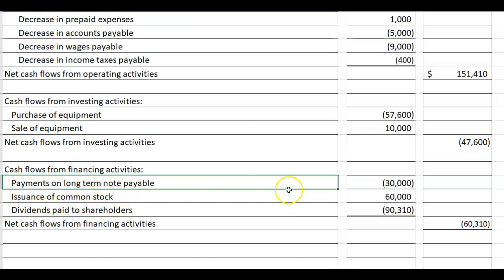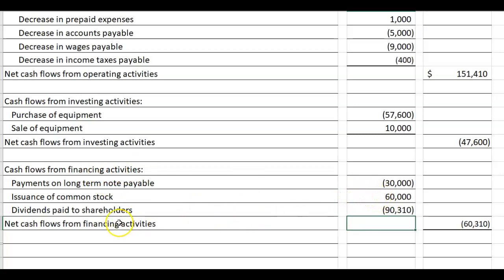Issuance of common stock, $60,000 increase in cash. And dividends paid to shareholders, $90,310 reduction in cash. So net cash flows from financing activities is the net of these 3 numbers, $60,310. Bracket, negative. More cash was paid out in financing activities than was received.